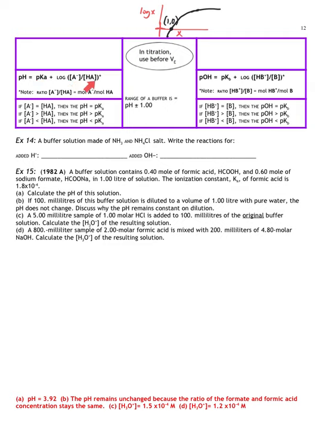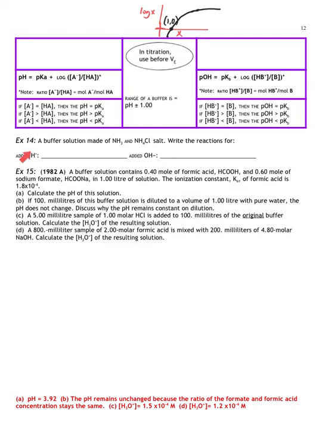When this is equal, what is log of 1 equal to? Well, log of 1 is 0, and so pH equals pKa. These ratios work also the same way with the pOH. When we speak of buffering and how buffering occurs, you will not see a pH changing that much, and usually the range at which you're buffering is plus or minus 1 pH.